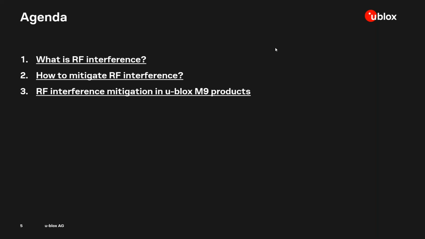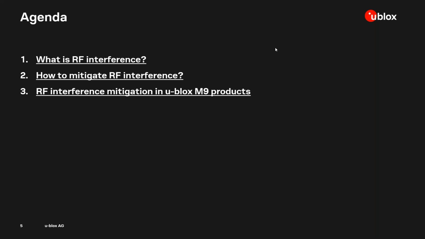In the first point of the agenda, we will talk a little bit about what is RF interference, and then there will be a second point, how to mitigate RF interference, and this is a more general introduction into the topic. We might offer even another webinar to go more in detail.